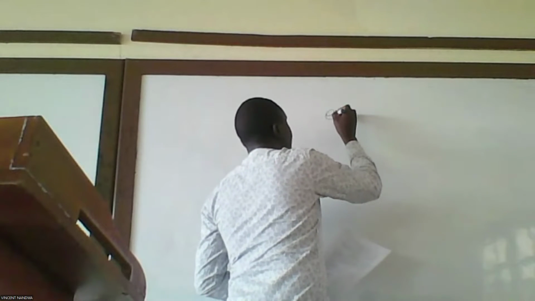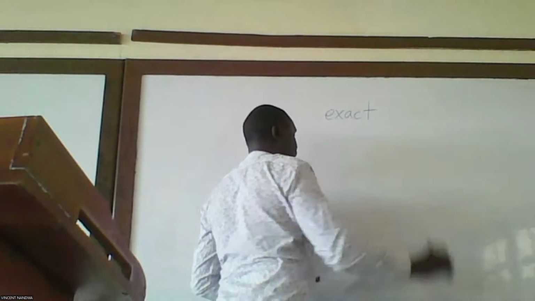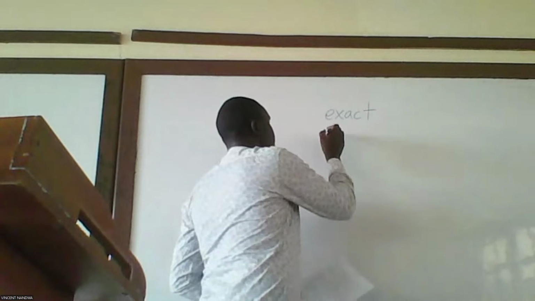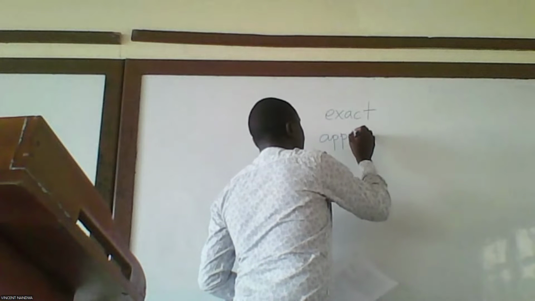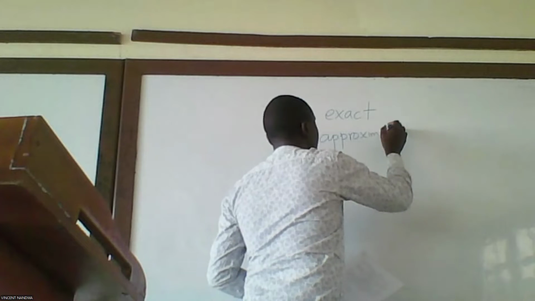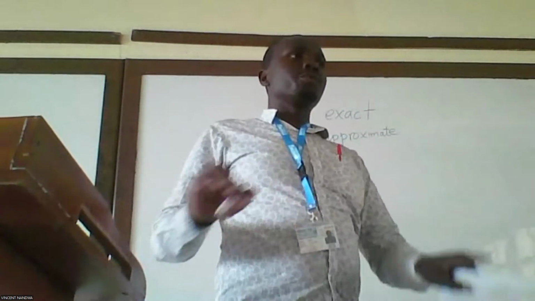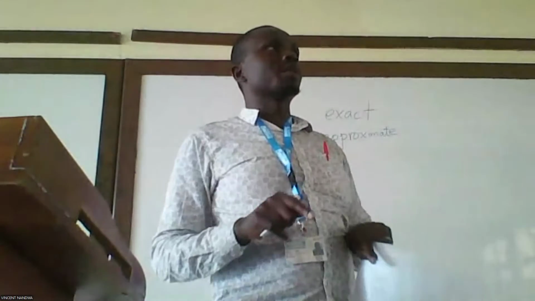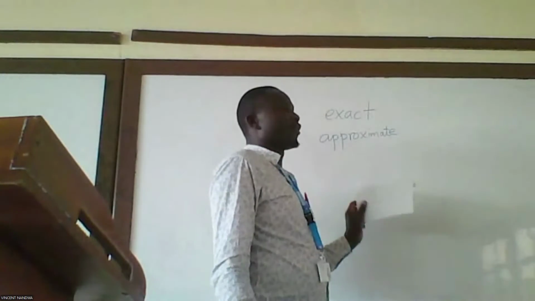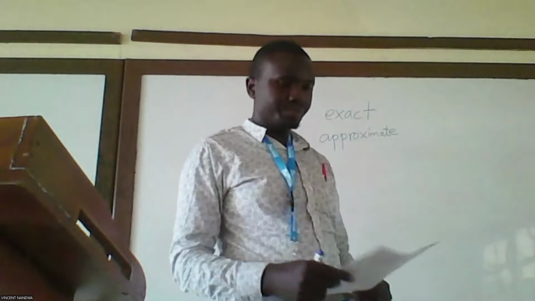So for this course, there are two kinds of numbers: exact numbers and approximate numbers. So in this course, we view numbers in just two dimensions: either a number is exact or a number is approximate.